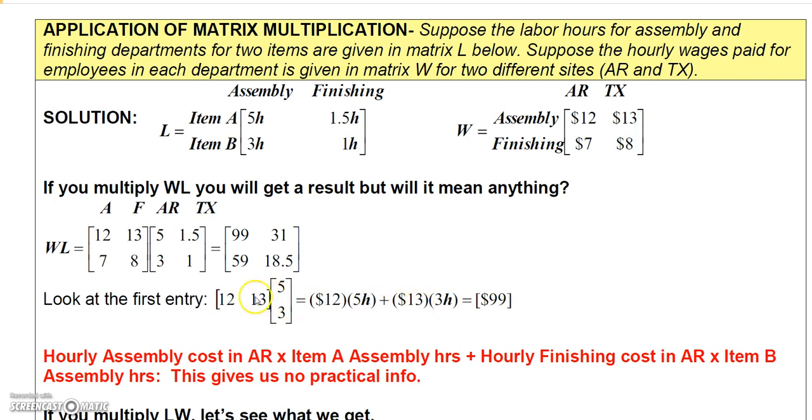But then the next entry, 13 times 3, would be the assembly wages for Texas, but for item B. That would tell me that it costs $39 to assemble item B in Texas. So what good would it be to take the assembly costs for item A in Arkansas and add it to the assembly costs for item B in Texas?